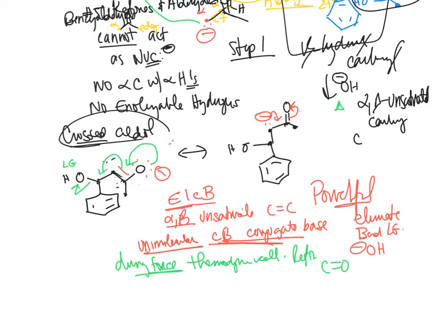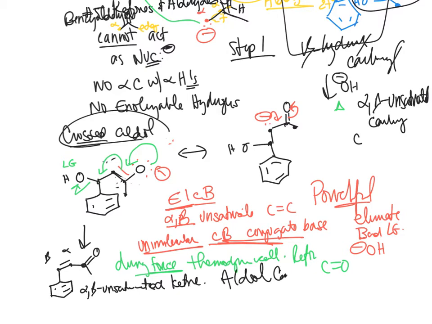All right, and that becomes this molecule. And this is going to be beta alpha, reform the carbonyl. So we still have 6, 7, 8, 9, 10 carbons. This is an alpha beta unsaturated ketone. And that's actually your product from the aldol condensation. I want to see both. I want to see the OH and then I want to see the unsaturated.